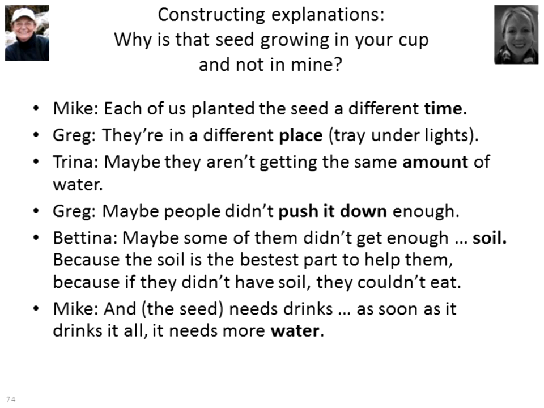And we were always looking at these ideas in the context of what we're trying to help kids understand. In this case, kids were starting to construct a continuum, not just that it needed water, but how much water it would need. So it's a much more sophisticated way of thinking about the water that a plant needs.